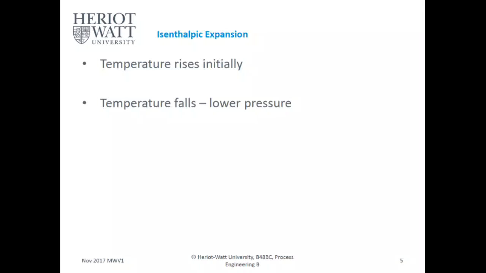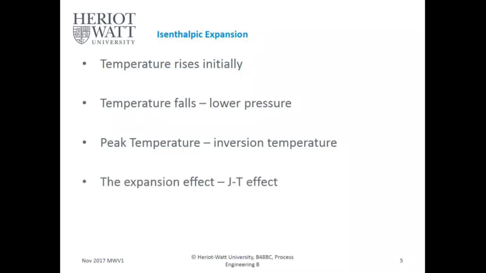As it expands the pressure gets lower and the temperature drops. At peak temperature you can see inversion. We'll talk about inversions in a bit. And this expansion effect, the change in temperature, is called the Joule-Thomson effect.